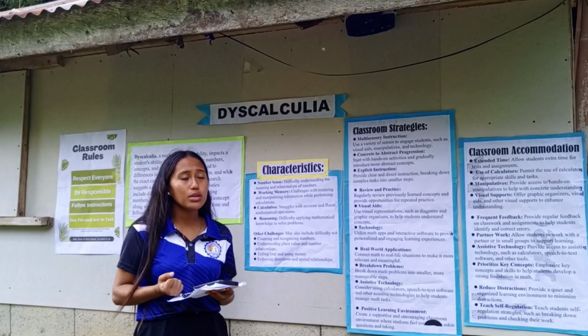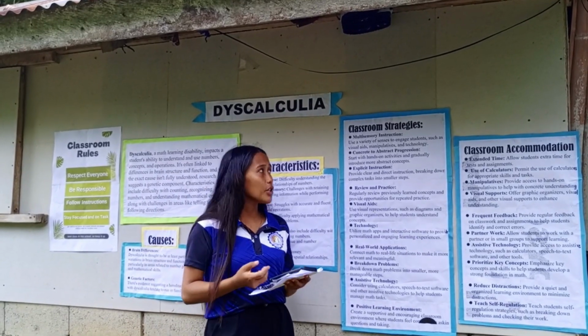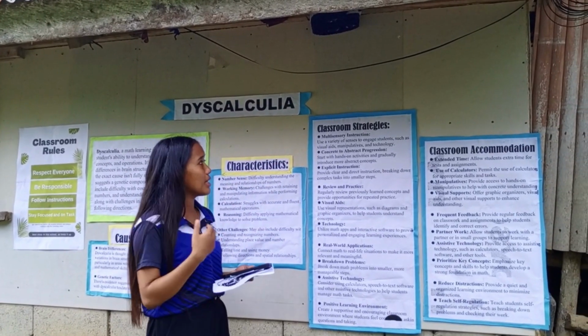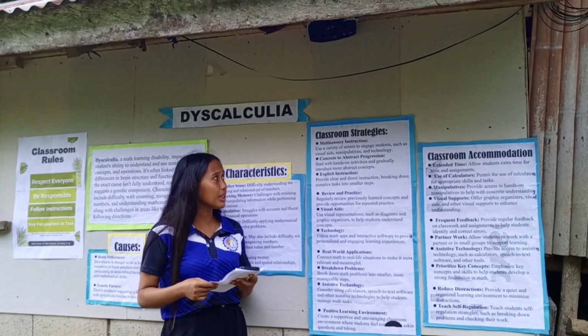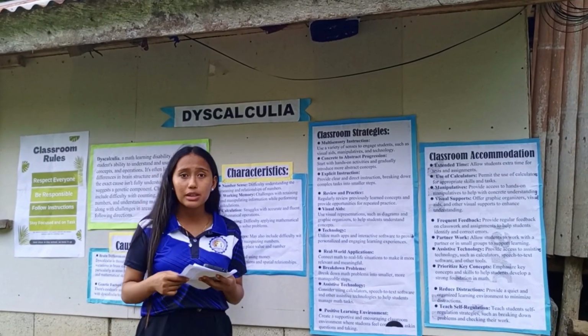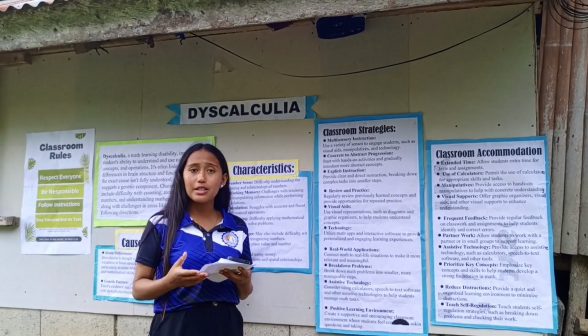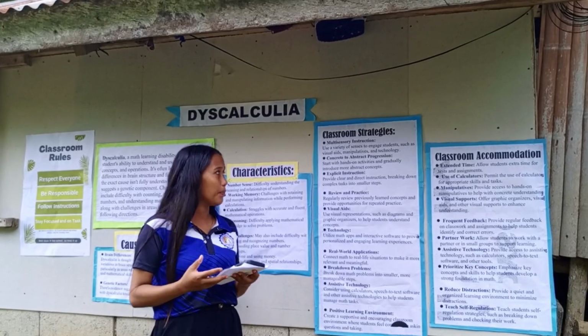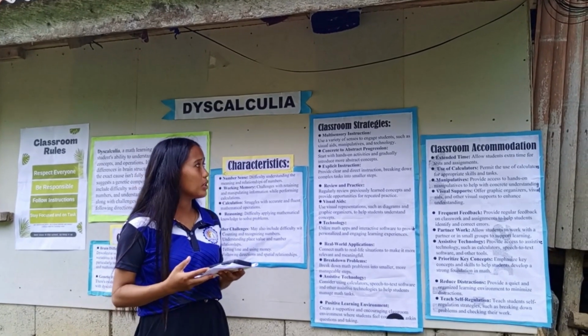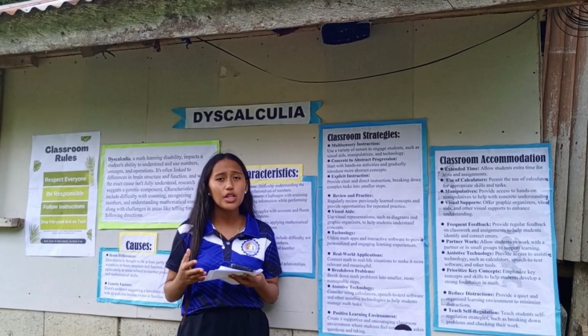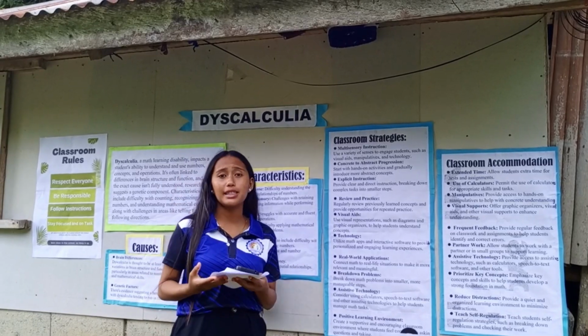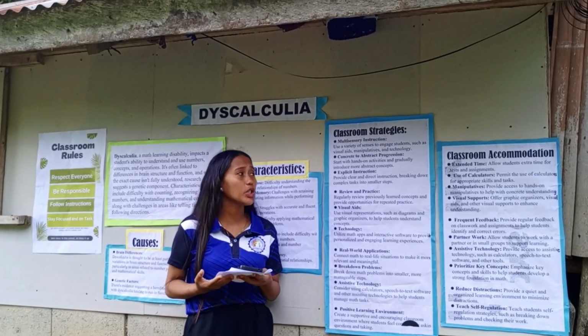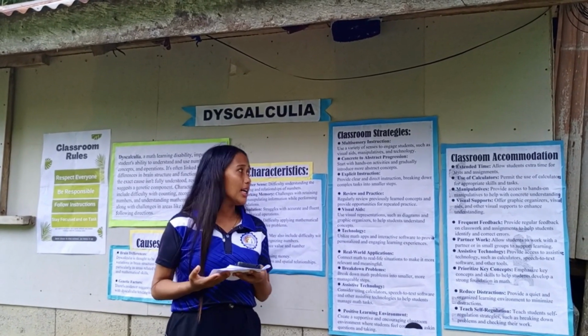So they also have classroom strategies. In classroom strategies, we have multisensory instruction. Multisensory, from the word multi, means using different strategies in teaching. Second is concrete to abstract progression. So start with hands-on activities and gradually introduce more abstract concepts.